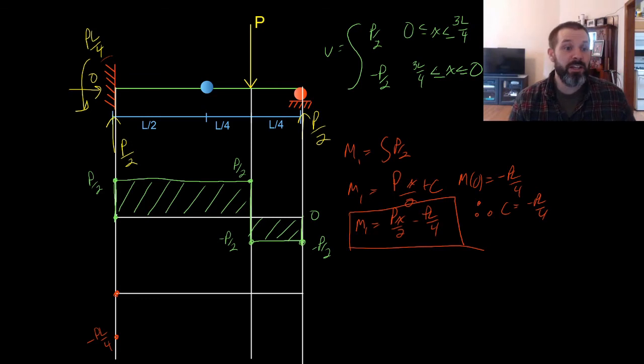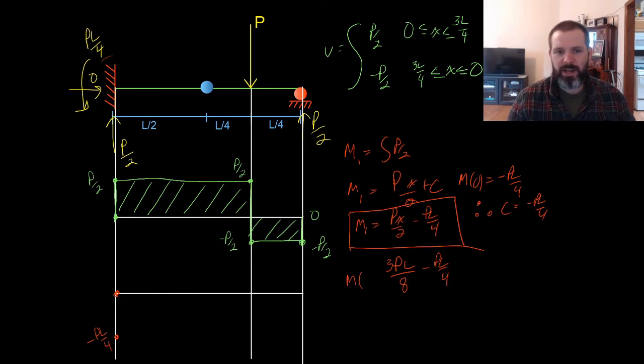If we plug in 3L over 4 for our moment equation, it will be P times 3L over 2 times 4, which is 8, minus PL over 4.